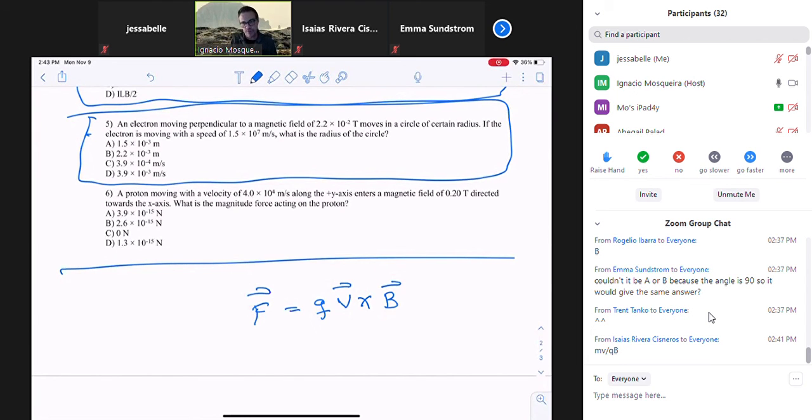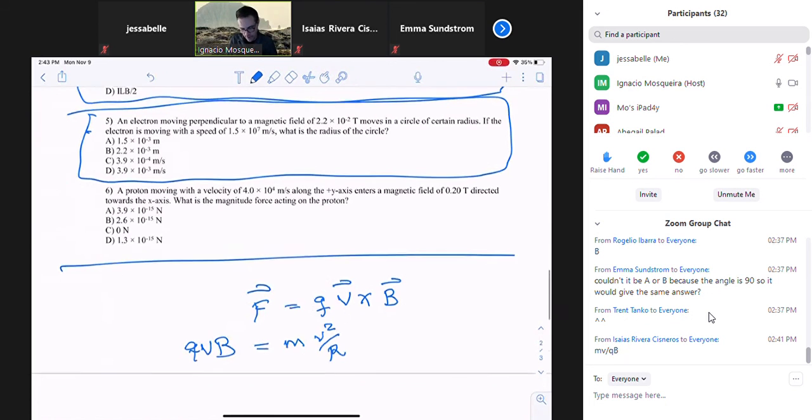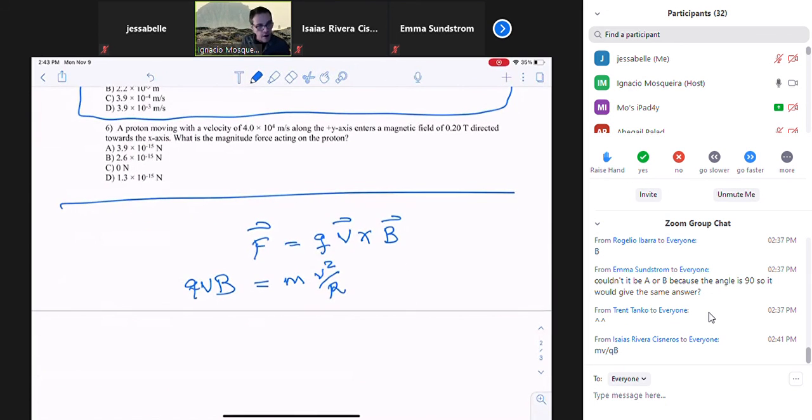The B field is perpendicular to the velocity vector. So the force was just qvB because of that. And then it turned out that the particle moves in a circle. So we have the formula for the acceleration in that situation, which is v squared over r, where r is the radius of the circle.